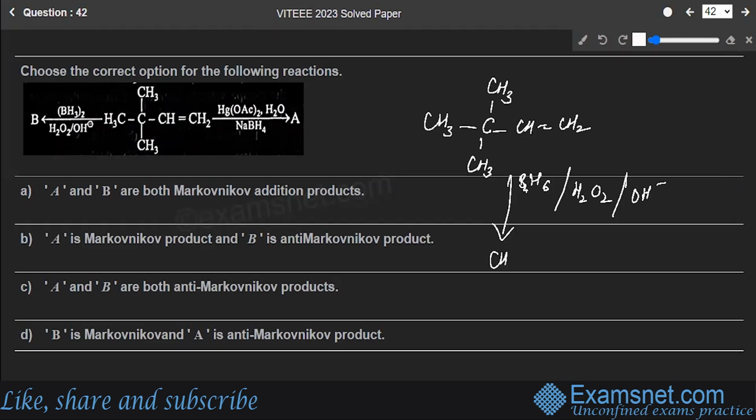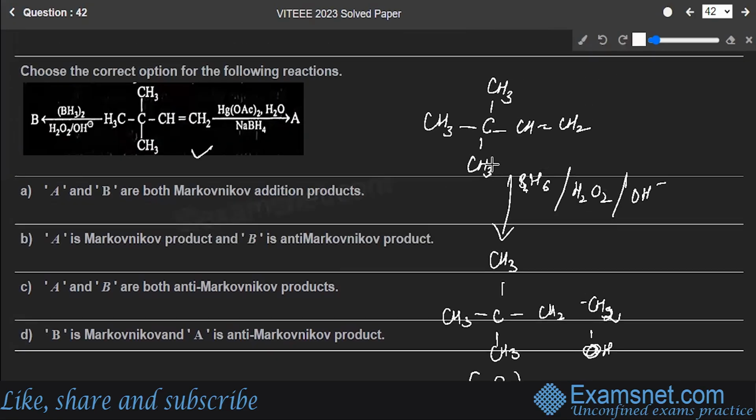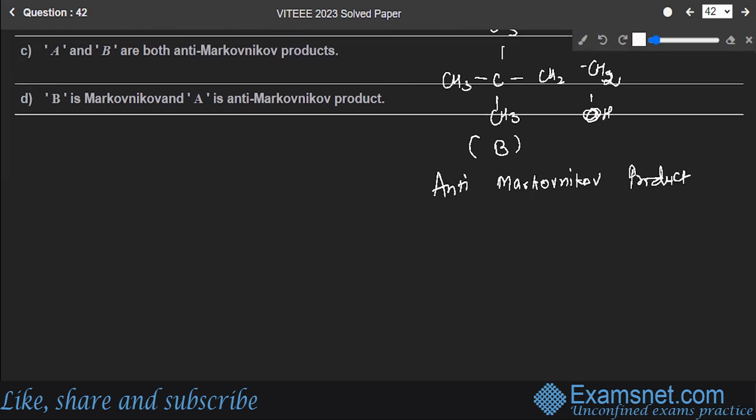It gives you CH3, CH3, CH3, CH2 and CH2OH. Right, this is your product B. This is the anti-Markovnikov product. And the same reactant, when it reacts in the presence of these, it will give you A.